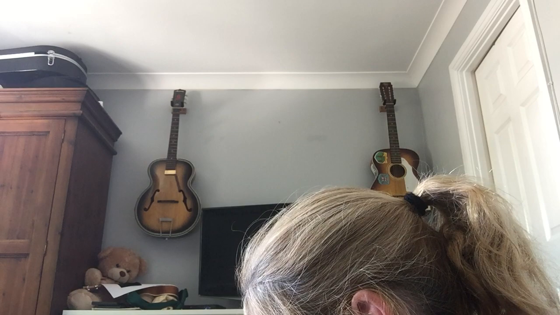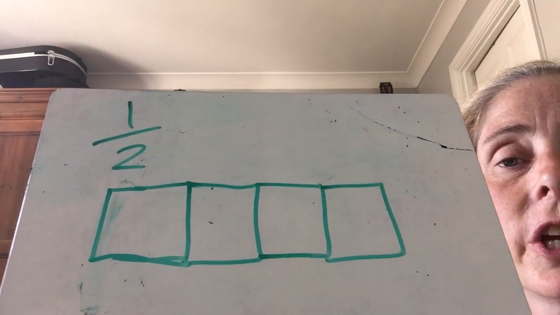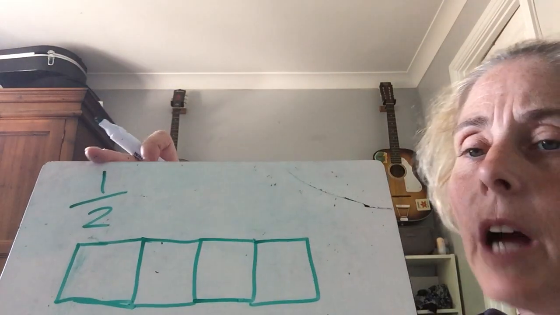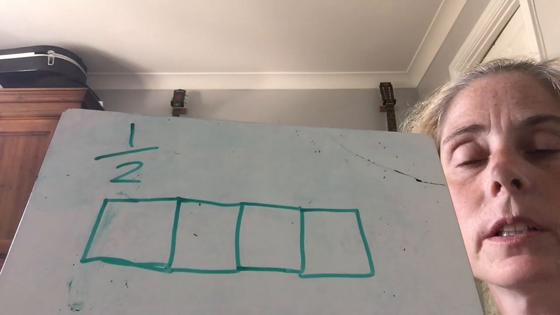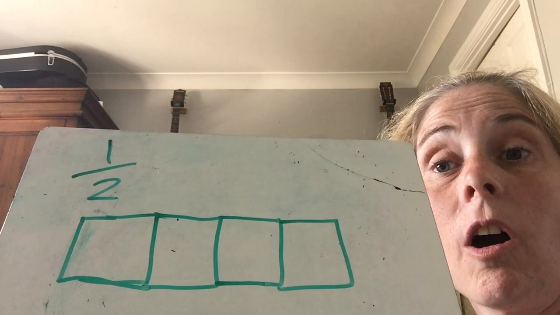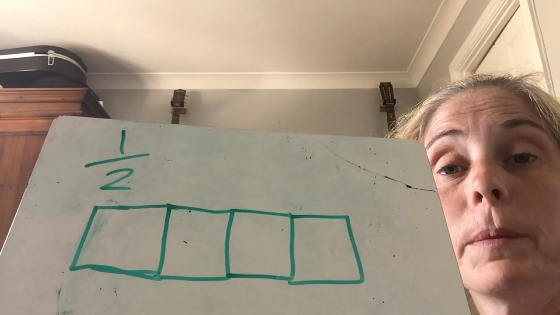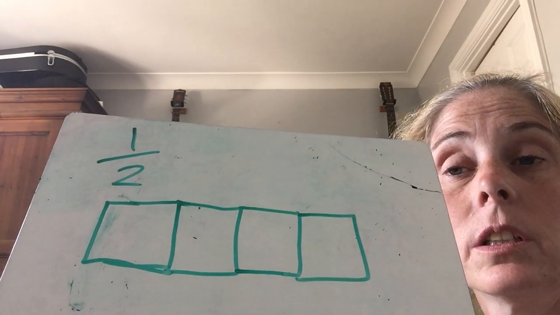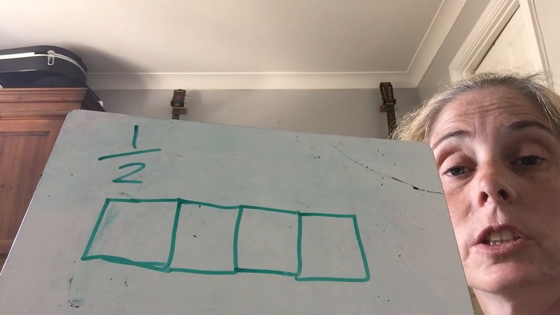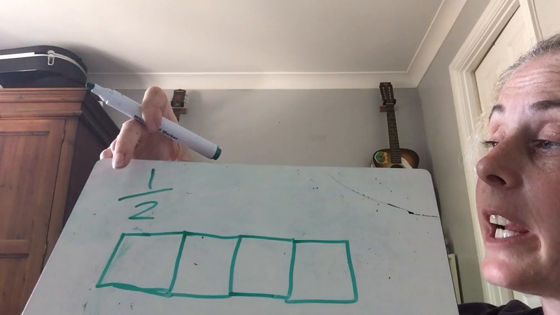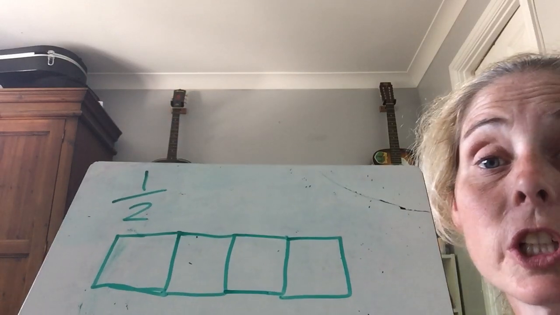Okay, so if you had this one, speak to the person next to you or whoever's with you. How would you shade half of that shape? How would you shade half of it? Look at the 2 numbers of the fraction. So again, you need to shade 1 bit out of every 2.